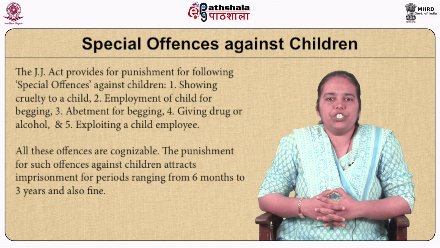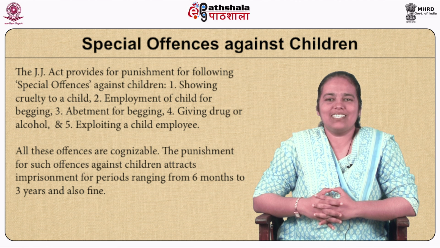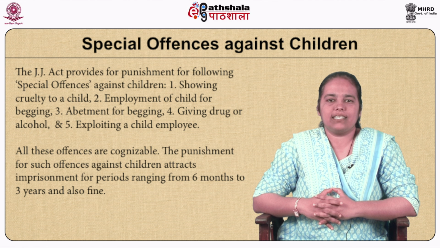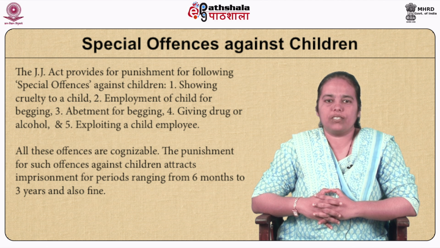Fourth, giving drug or alcohol. Fifth, exploiting a child employee. All these offences are cognizable under Section 27 of the Act, and so the offender could be arrested without a warrant. The punishment for such offences against children attracts imprisonment for periods ranging from 6 months to 3 years and also fine.